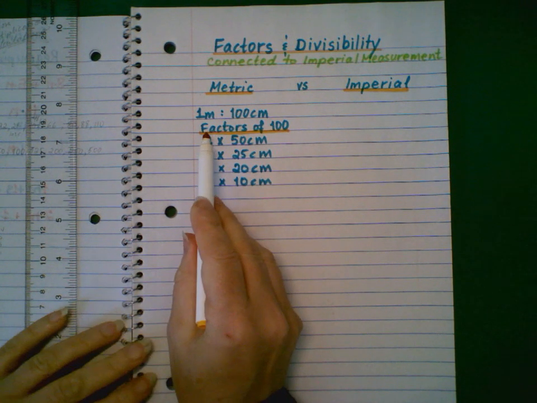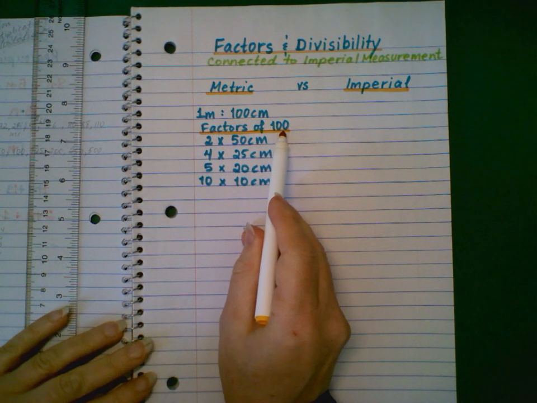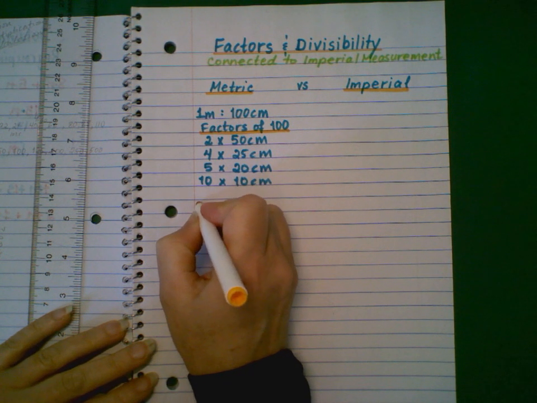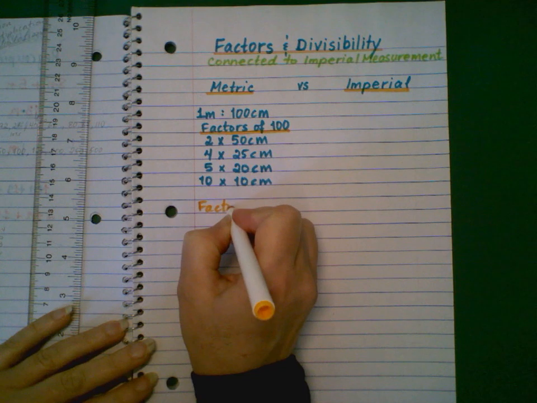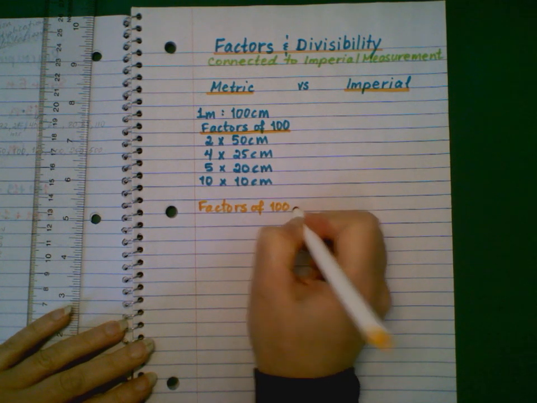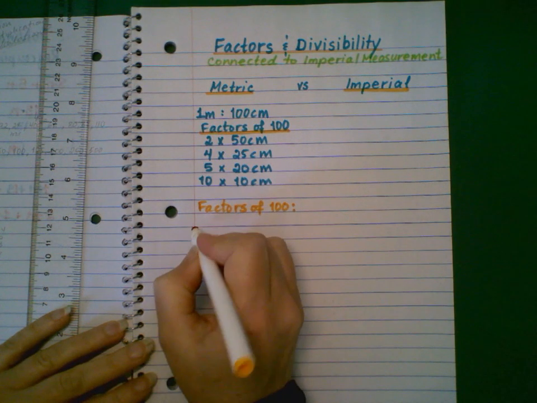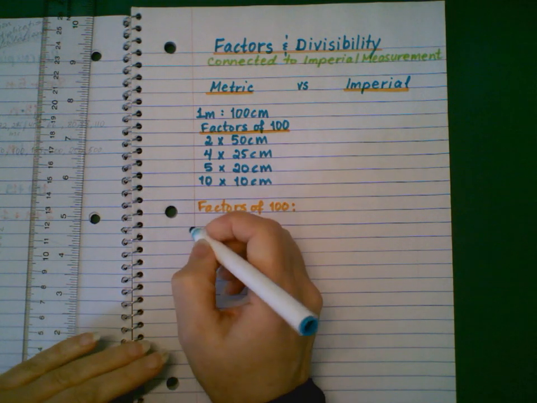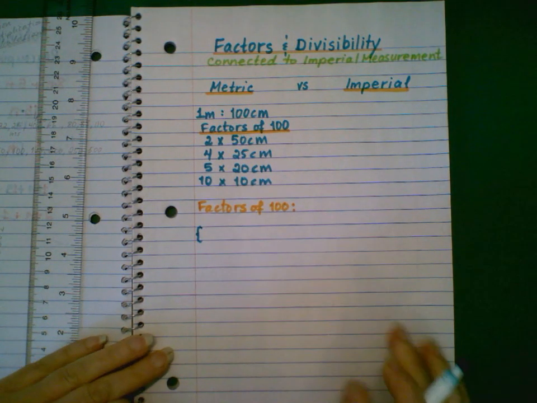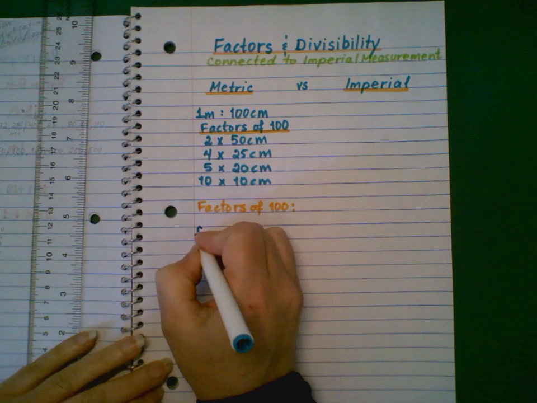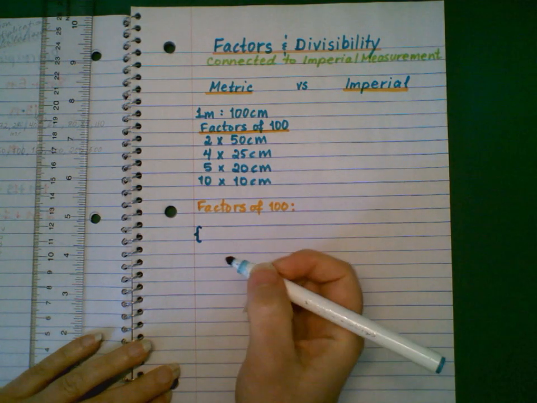So if I was being asked to list the factors of 100, factors of 100 include... I'm going to use scroll brackets in order to represent this because it's a list of values, not an equation or expression. The scroll brackets are kind of like an S shape and then a backwards S shape.